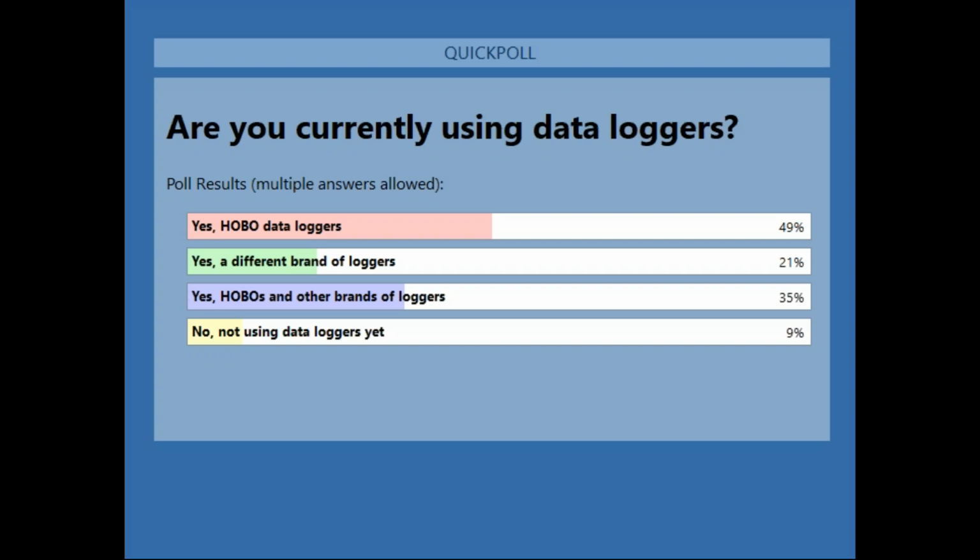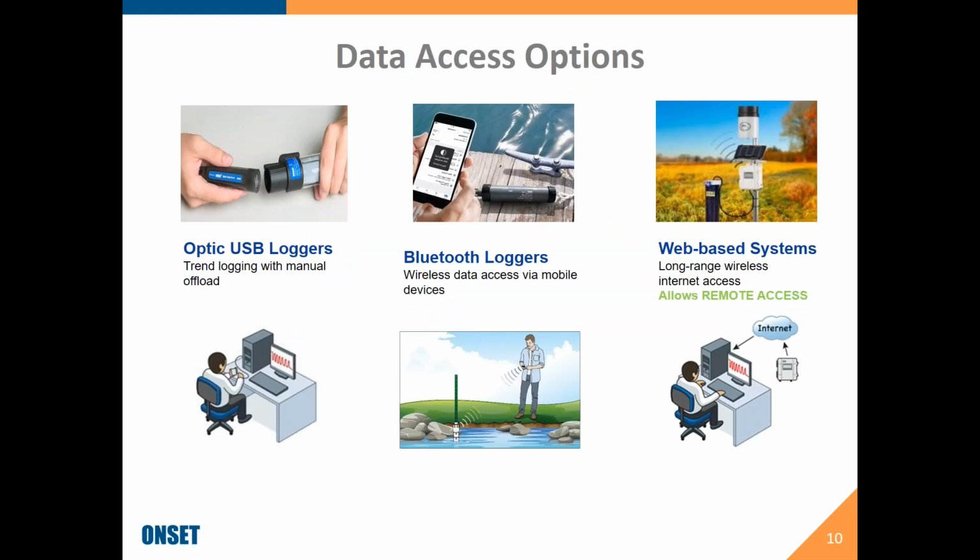And these work with a Bluetooth-enabled mobile device within 100 feet line of sight using our app, and that's what you would use to set up, configure, launch, and retrieve the data as well. And finally, we have our web-based systems. This works off of Ethernet, Wi-Fi, or cellular, and it gives you the ability for remote access.